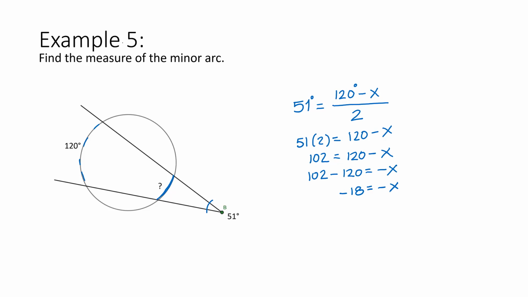But now I don't want minus x, I need positive x. So I multiply both sides of the equation times minus 1. That would change the signs on both sides. So 18 equals x. Okay, that means that the missing arc is 18 degrees.